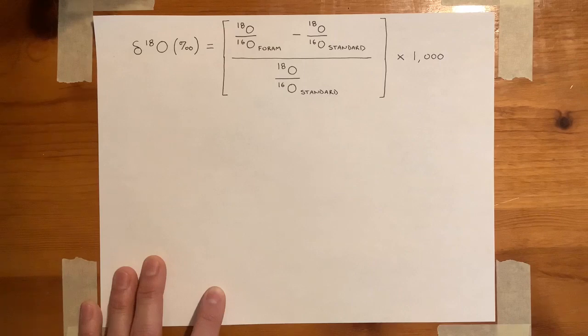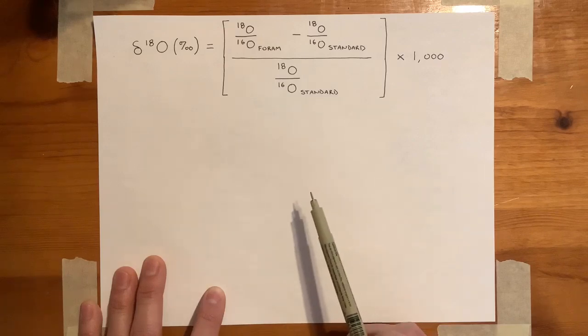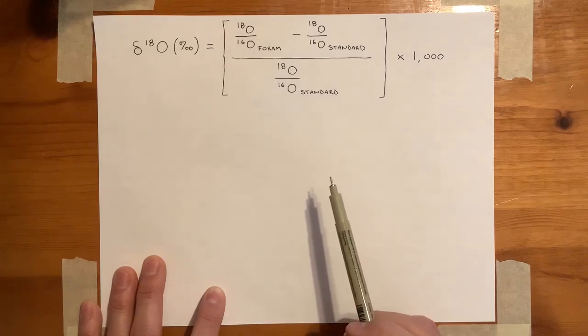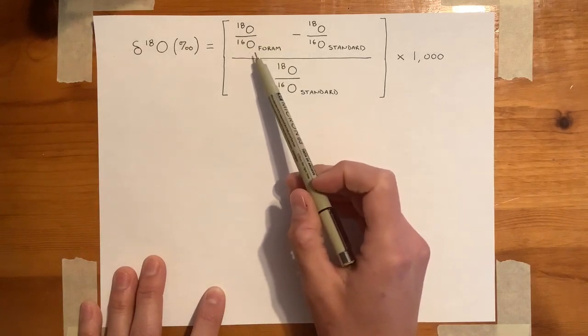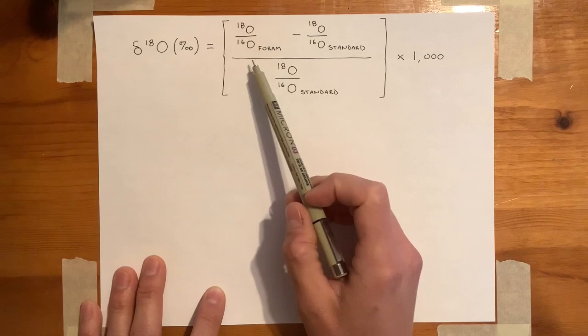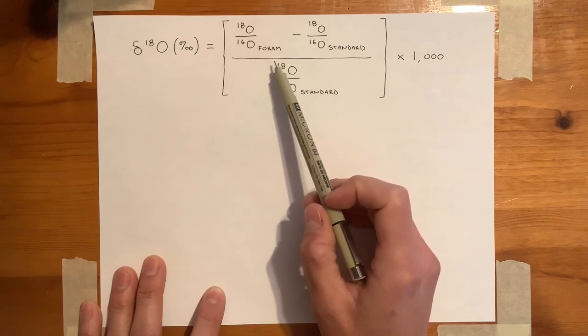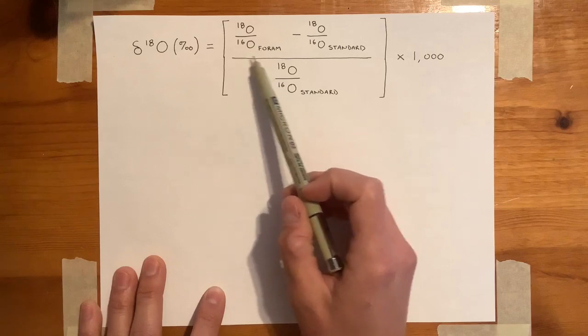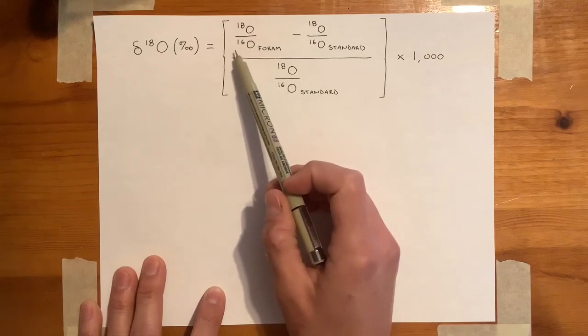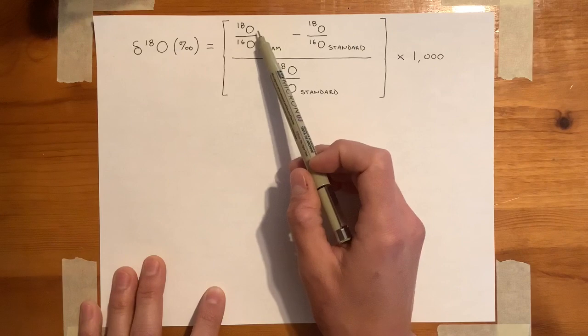The reason that scientists use this notation is, one, because the ratio of oxygen 18 to 16 in all sorts of things in nature changes only very, very slightly. So almost all of the oxygen on Earth is oxygen 16, and only a very small amount of it is oxygen 18.